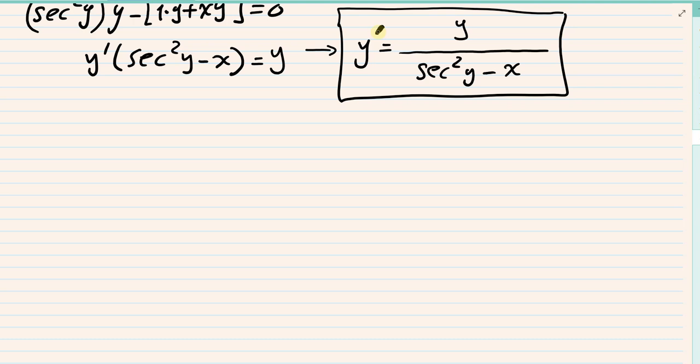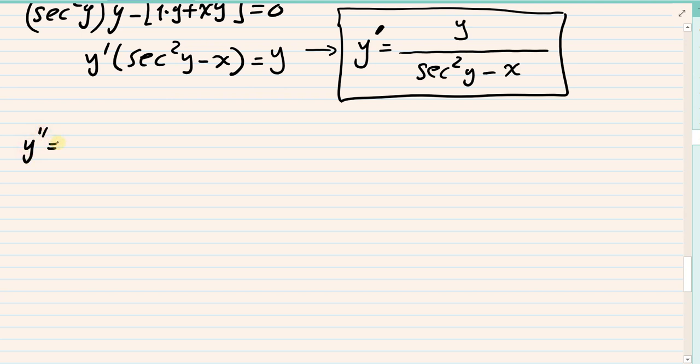I mean, you could, but it's going to be really messy if we proceed this way. Okay, but I'd rather isolate y prime and then take the second derivative that way. So let's take the second derivative now.